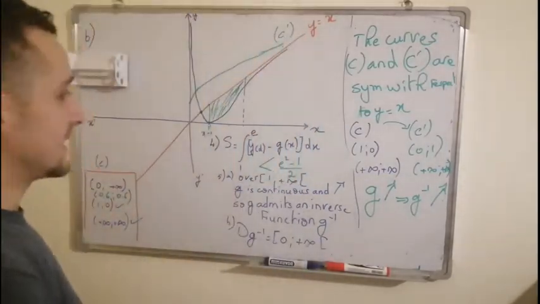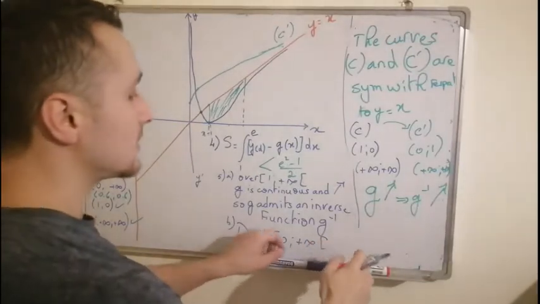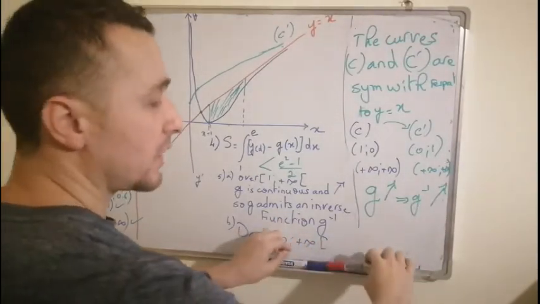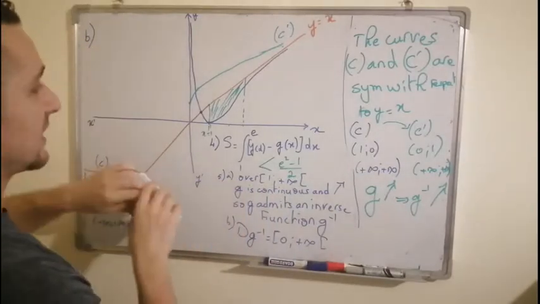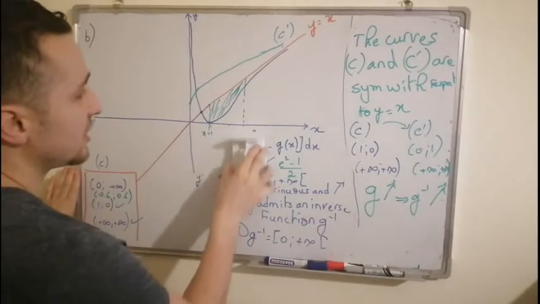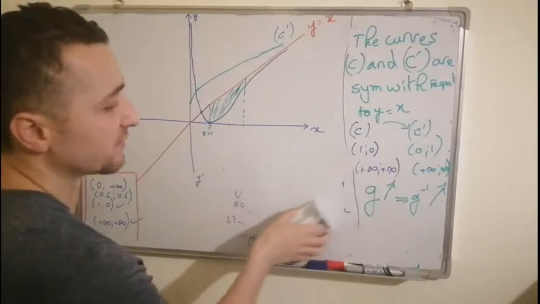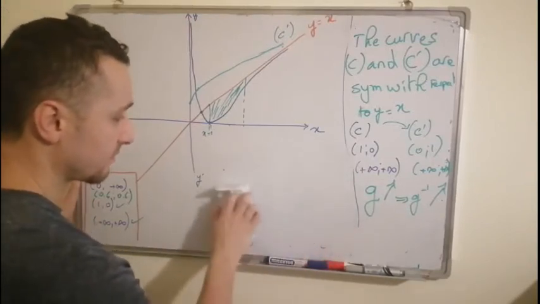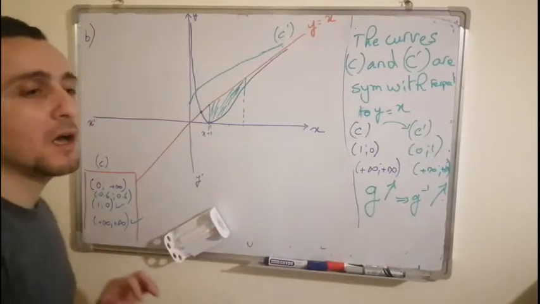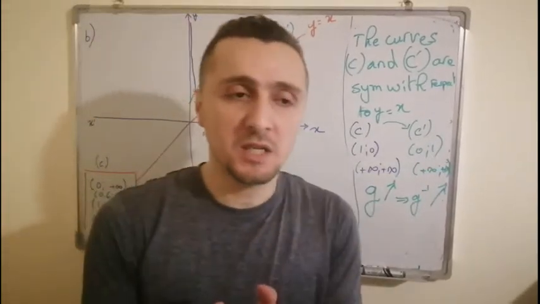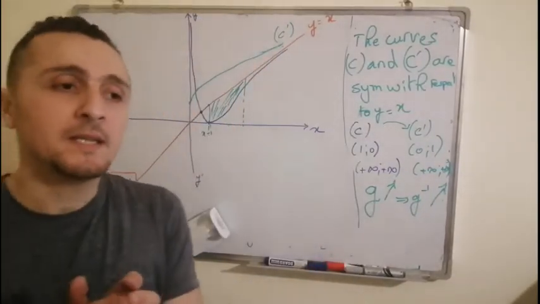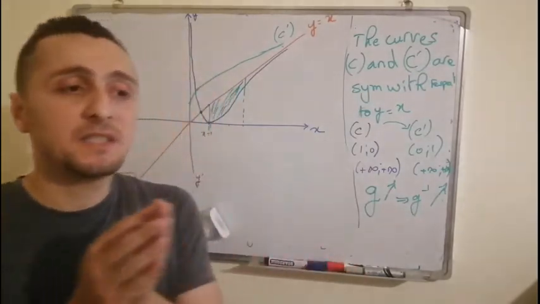Last question is: does the equation g of x equals g minus 1 of x admit a solution? Justify your answer. What's the meaning of the point of intersection between the curve CG and the curve CG minus 1?